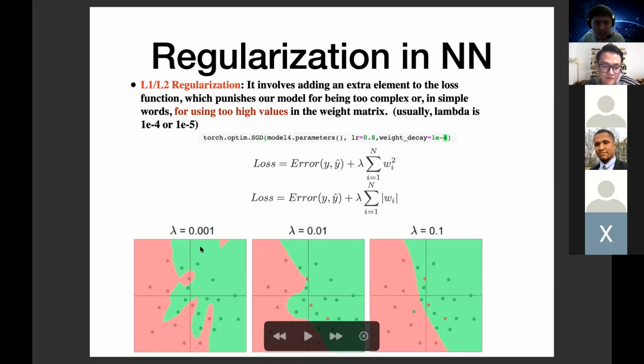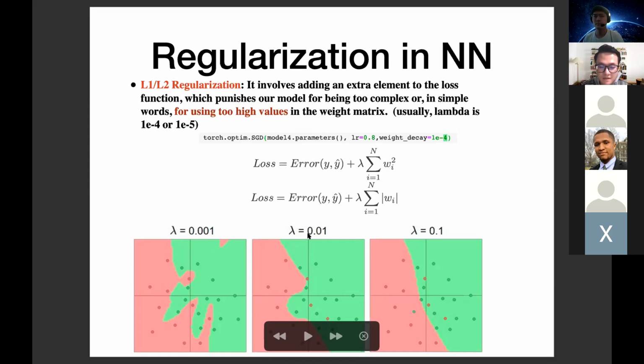For example, if lambda is equal to 0.001, it will overfit your training data points.